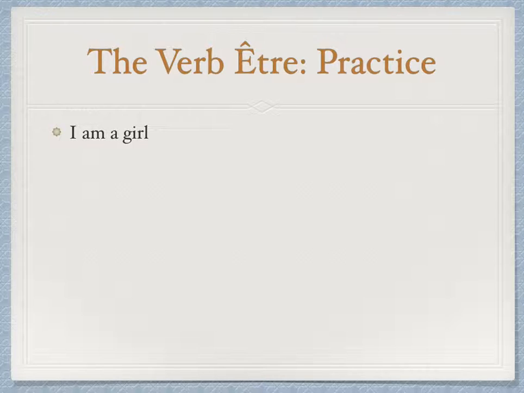The correct sentence is, je suis une fille. Je suis, I am, a girl, une fille. Hopefully you remembered une fille from, I believe it was chapter 2.1. Je suis une fille. I am a girl.